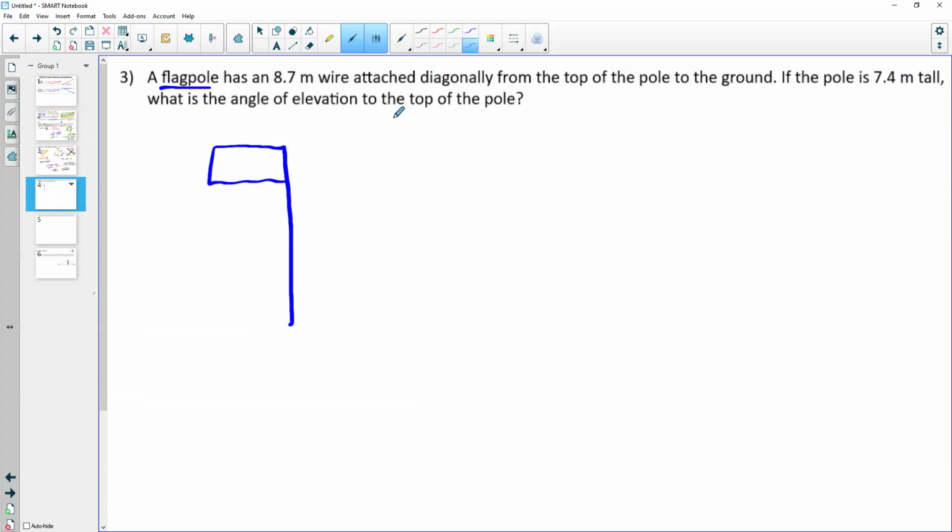There's our flagpole. The next part says it has an 8.7 meter wire that is attached diagonally from the top of the pole to the ground. So from the top of the pole, we have an 8.7 meter wire that is attached diagonally to the ground.